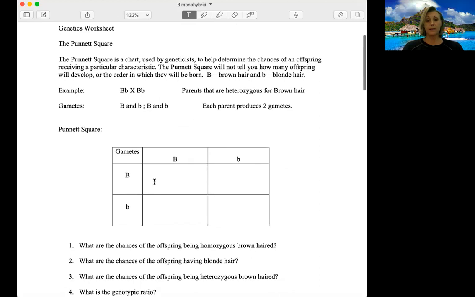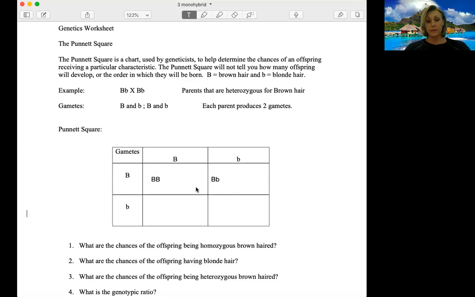And then when you're figuring out which ones, these hate me. Okay, so you're going to take this one and this one, where they overlap, that's going to be big B, big B, which means it's homozygous dominant. This one is big B, little b, because this one goes there, this one drops down, this one drops down.